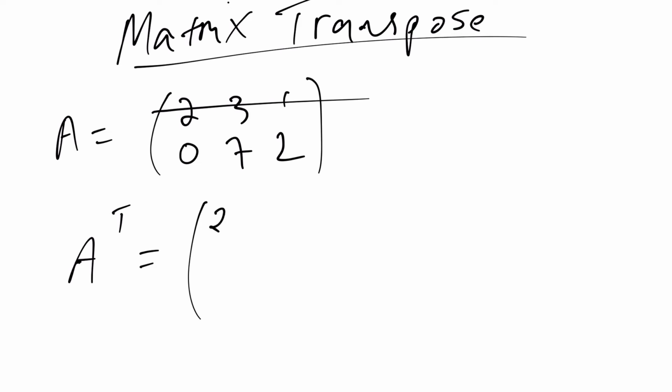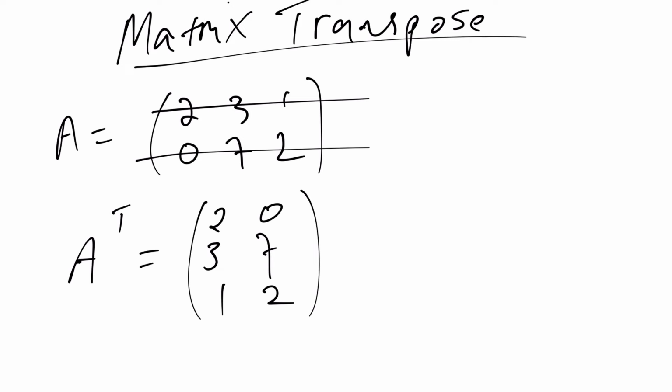Again, row 2 becomes column 2 of the transpose. So we interchange the rows into columns, and by so doing, the columns are interchanged again into rows.